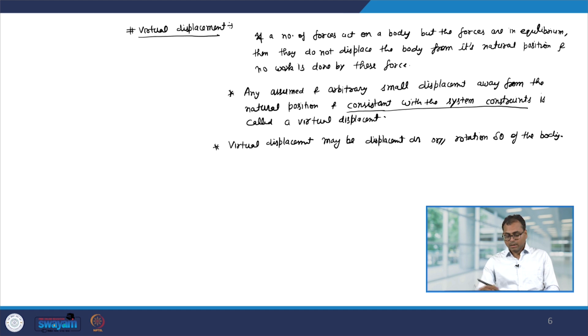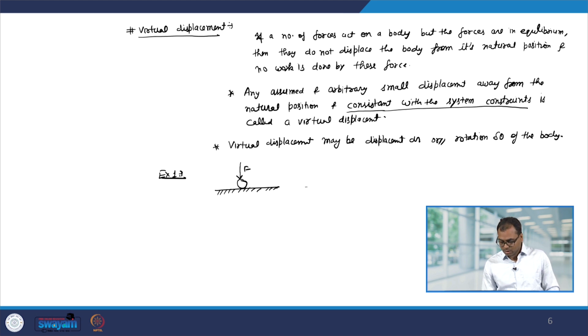Now, let us look at the virtual displacement by example. Let us look at the example of a body that is kept on the surface, and let us say you apply the force like this. So, you have to note what the constraint is. The constraint is that this body has to be on the surface.